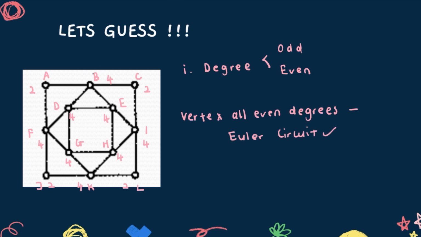So to prove that this graph has an Euler circuit, we're going to make a path.